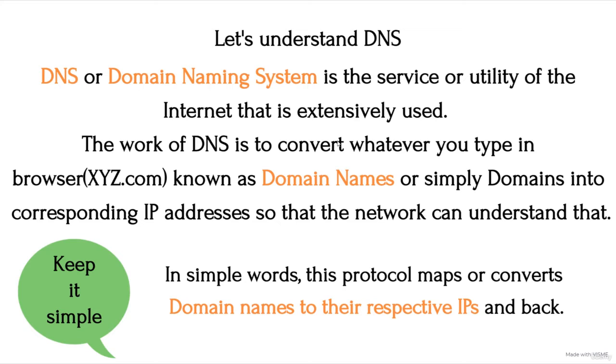Whatever they call it, the functionality of a DNS is to convert the domain names, or the names that we type in the address bar, to corresponding IP addresses and vice versa. In simple terms, that means the work of DNS is to convert the domain names into the IP addresses and the IP addresses to their domain names. So it is a mapping from domain names to IPs and back.